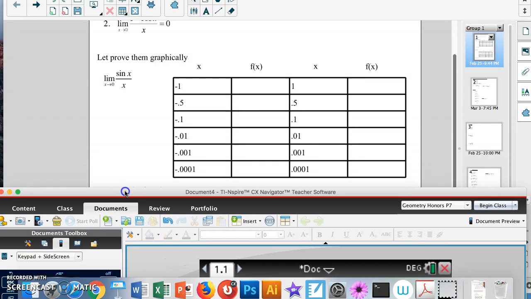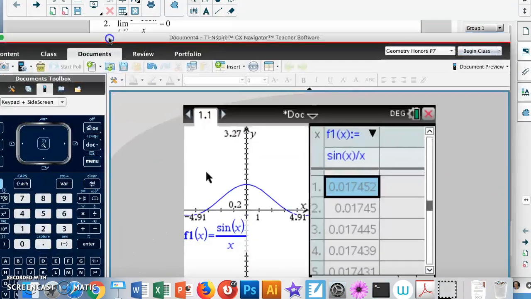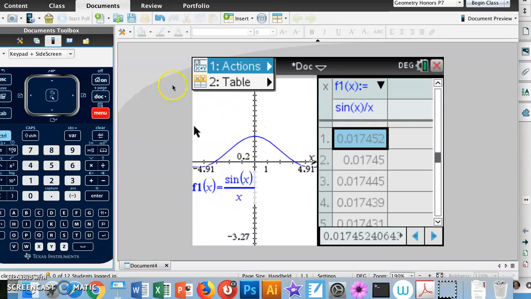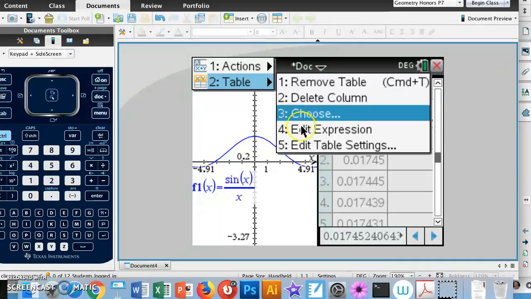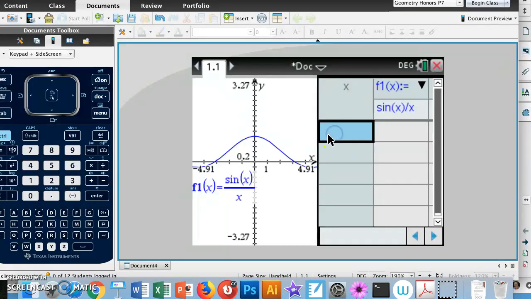So we're looking for -1, -0.5, -0.1. Let's put those values in so we know exactly what we're doing. Remember how to do this? You've got to go to the menu, table, edit table settings, make sure this one is on ask, hit OK, and let's enter the values in there.